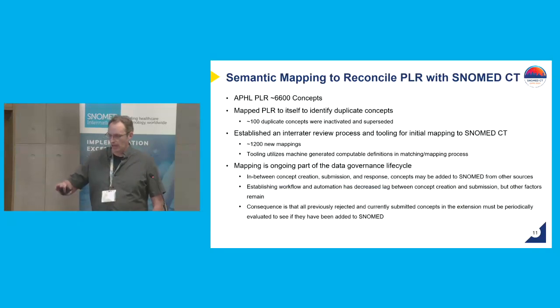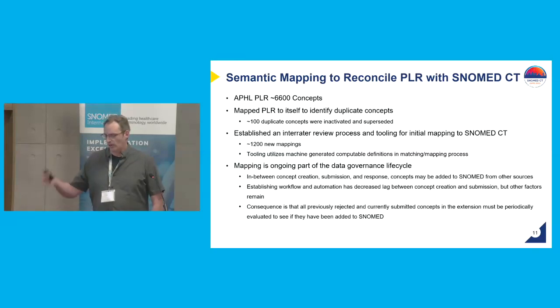So to give you a sense, PLR, this number, it's around 6,600 concepts. That number is not static, right? They're actively adding new content to this code system. And the work to identify these concepts is done collaboratively between APHL and CDC.